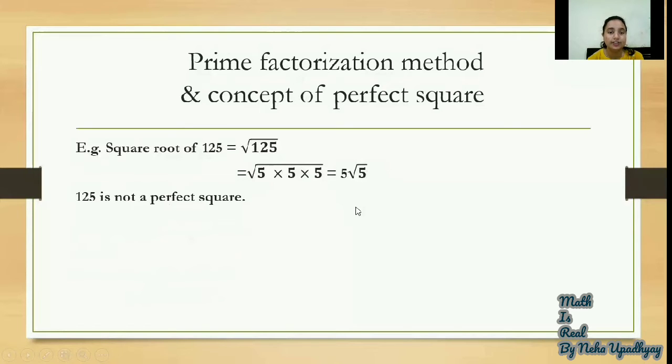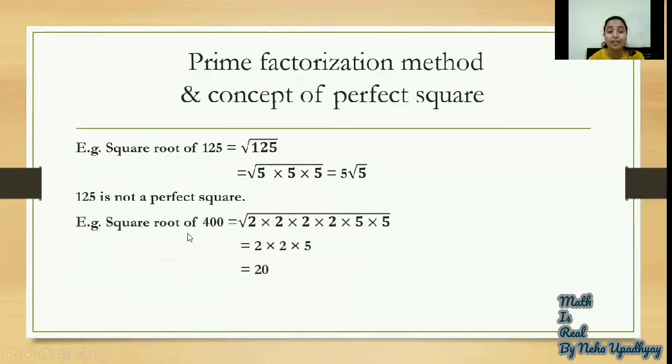Let's take another example. Find the square root of 400. So I have done the prime factorization of 400. 2 multiplied by 2 multiplied by 2 multiplied by 2 multiplied by 5 multiplied by 5. And now pairwise. See, one pair, another pair of similar terms, and the third pair.